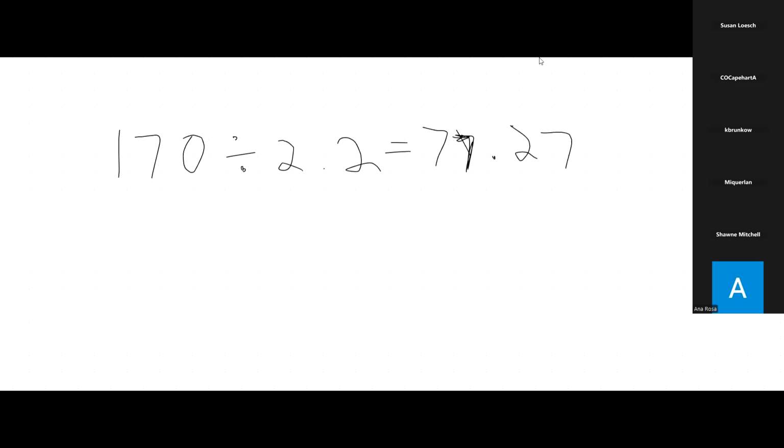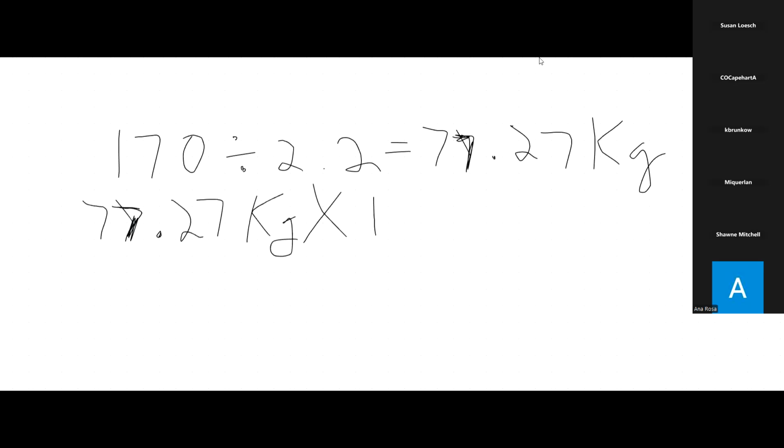So now I'm going to take that and multiply it times my ordered dose, which is 10 micrograms per kilogram per minute. So my answer is going to be in micrograms per minute.